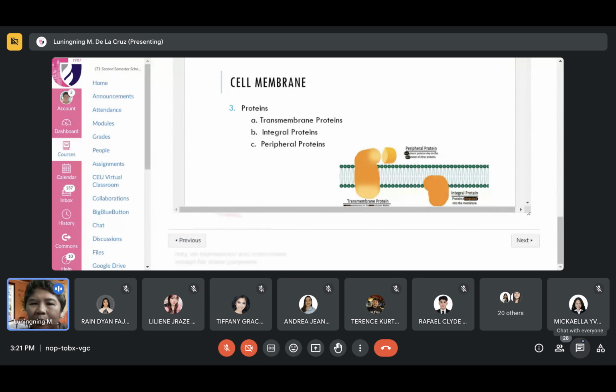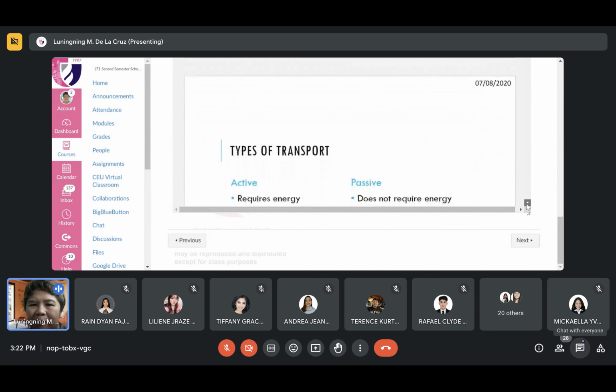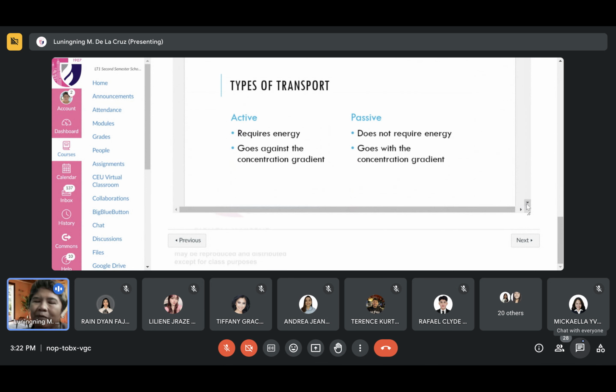Now, these proteins are known as transmembrane proteins, integral proteins, and also peripheral proteins. Later on, we will see the importance of all of these proteins. But before we go into that, let us look into the transport or the passage of material that happens in our cell membrane.